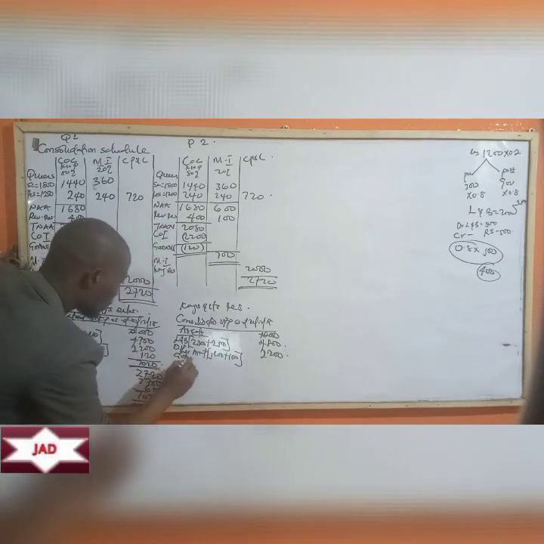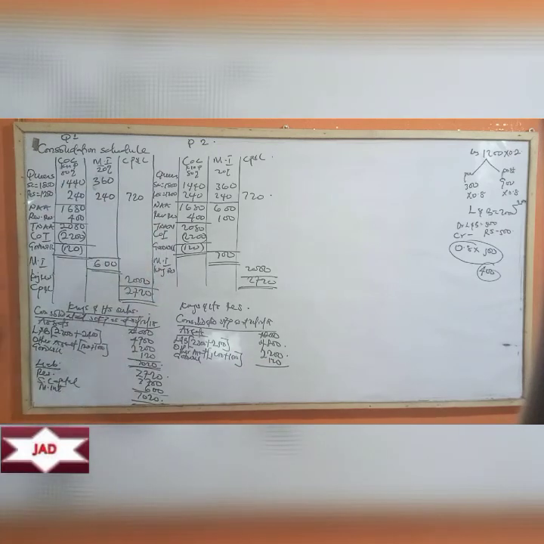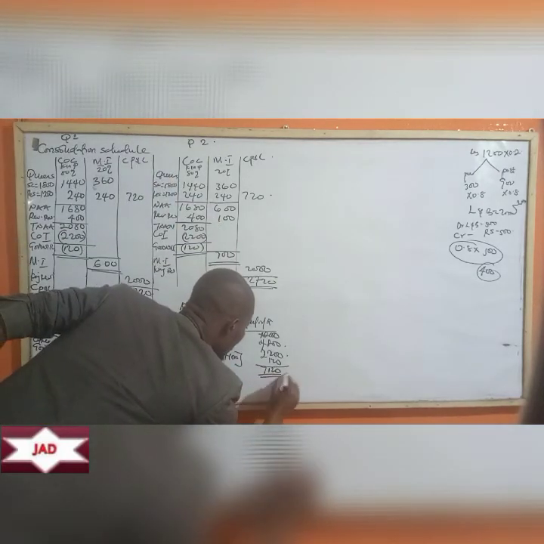Your goodwill is still 120. So 4,800 plus 2,200 plus 120. What do we have there? 7,120.